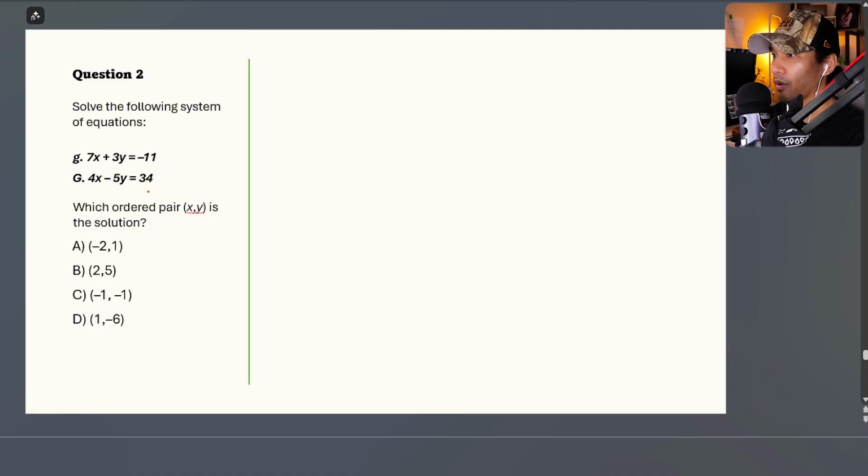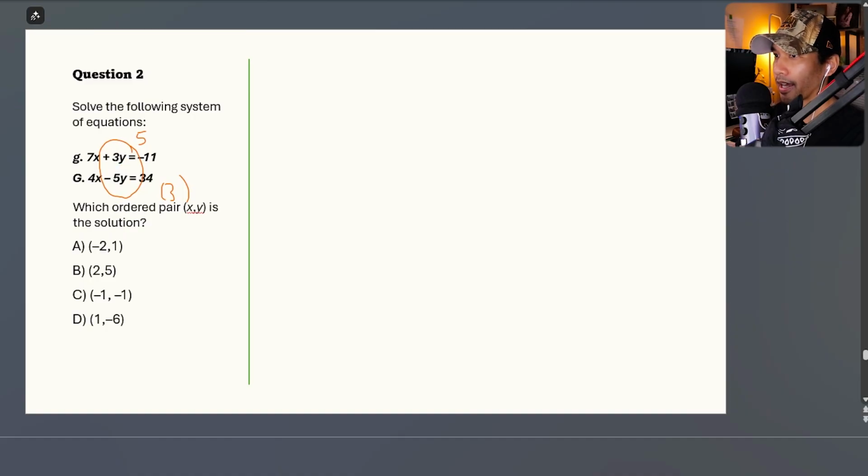I'm looking at these terms right here. To eliminate this, I have to multiply by 5, and right here, I have to multiply by 3. Why? So I can get negative 15y and positive 15y.